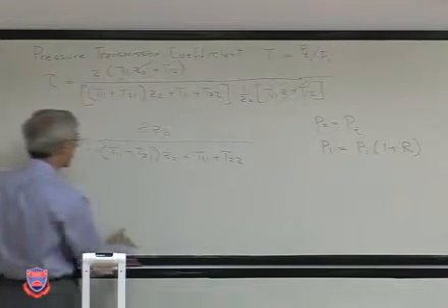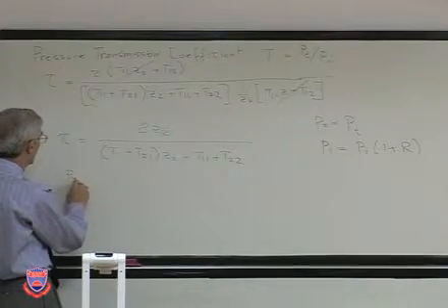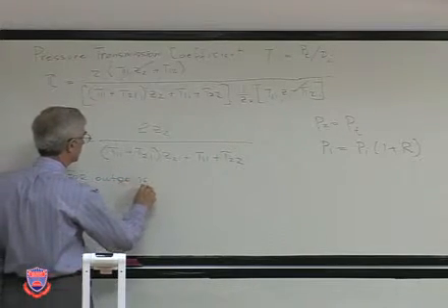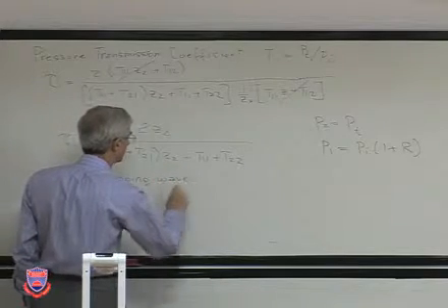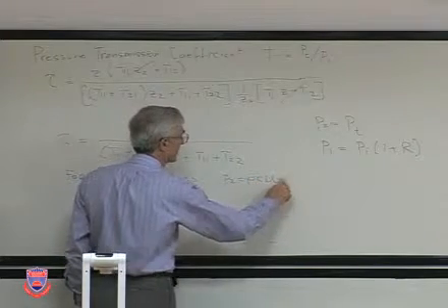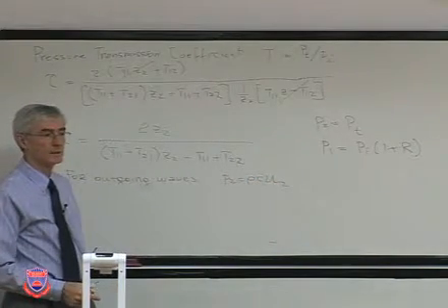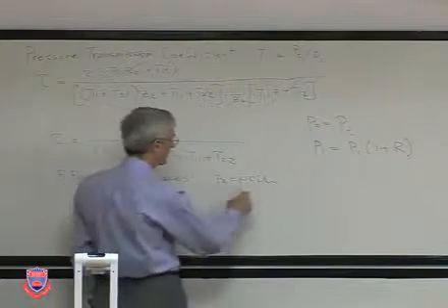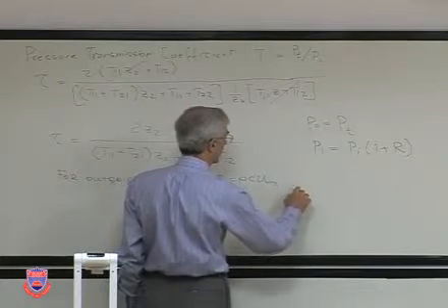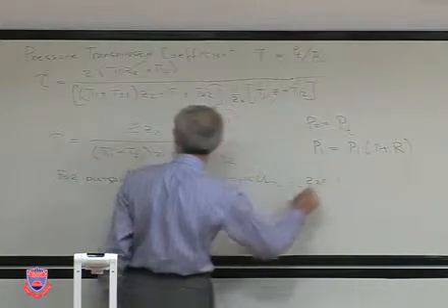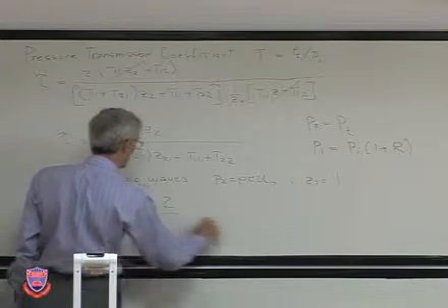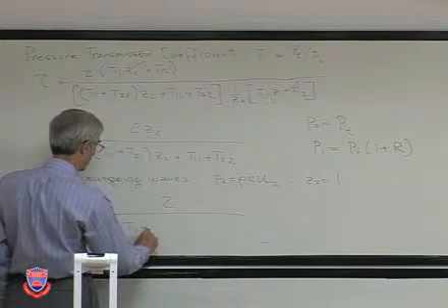Now, again, for outgoing plane waves, normal incidence, pressure is equal to acoustic impedance times particle velocity. It means Z2 is equal to 1, and tau takes a familiar shape.